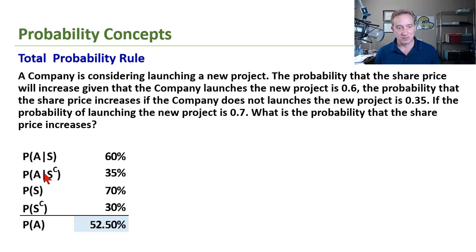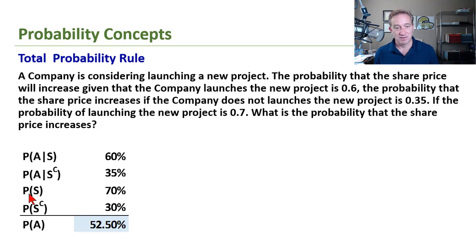So here, this captures the assumptions, where S is the launch of the new project. So here is the probability that the share price will increase, conditional on a new project launch, is 60%. Here's the probability share price will increase, conditional on not launching the new project, is only 35%.